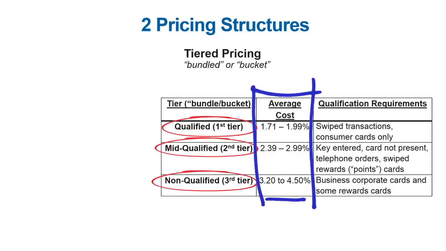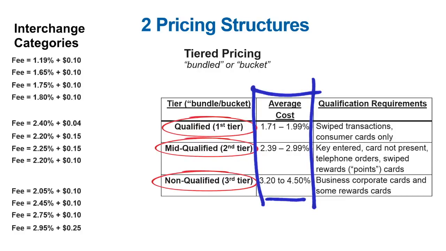Each of these tiers is set and assigned a specific rate by the processing company and can vary from one provider to the next. In fact, they often do. What is considered a qualified transaction with provider A might fall into mid-qualified with provider B. Tier pricing sorts the hundreds of interchange categories, and each tier is priced high enough to cover the average of all of the rates and fees that fall under that tier.